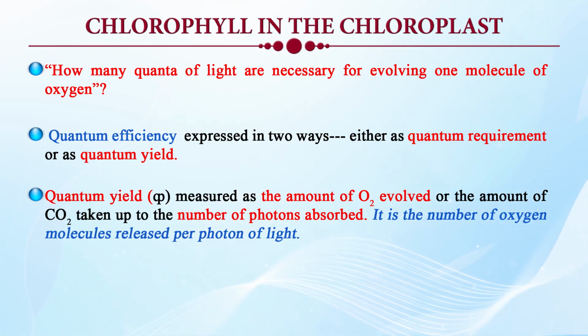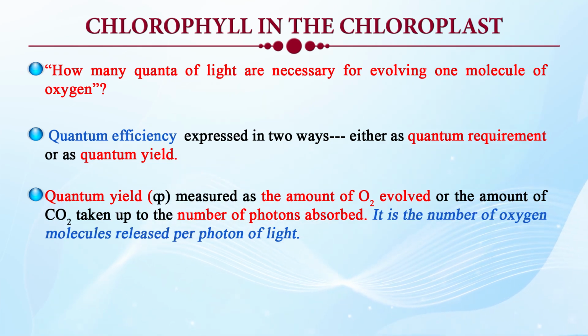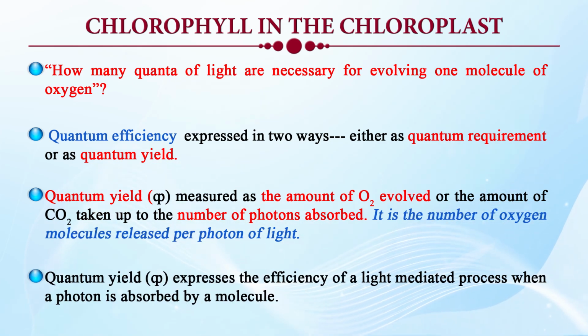I will repeat, the amount of oxygen evolved to the number of photons absorbed. So, that means what would be the number of oxygen molecules released per photon of light. In other words, the efficiency of any light mediated process after the absorption of a photon can be expressed easily.